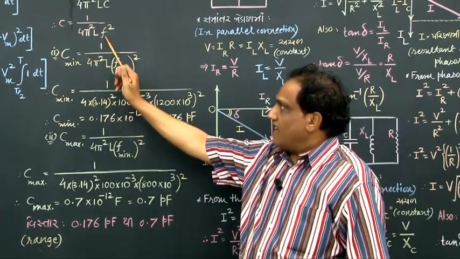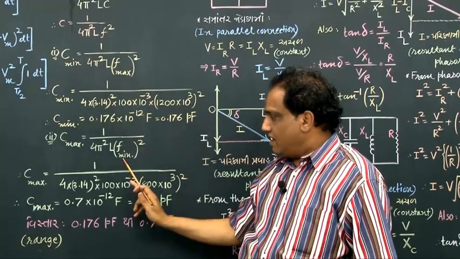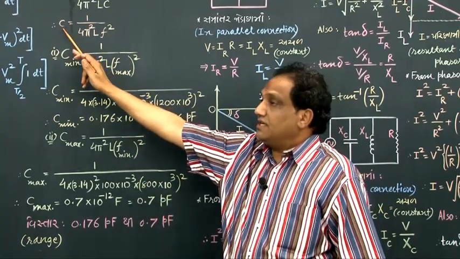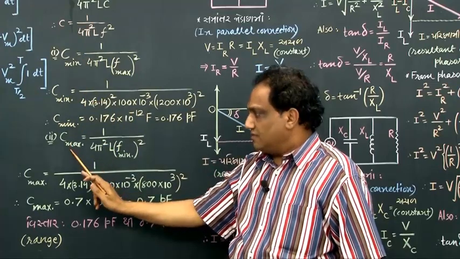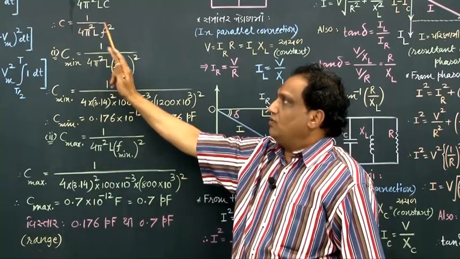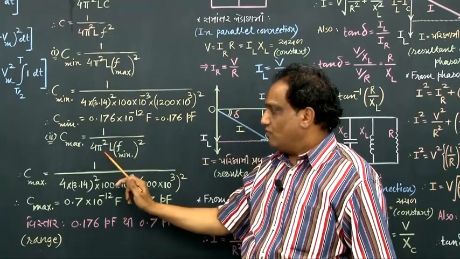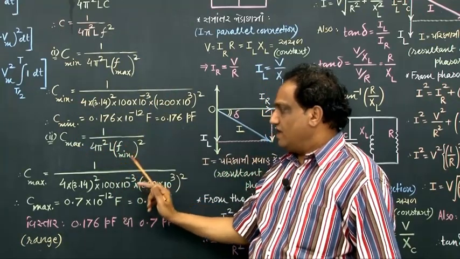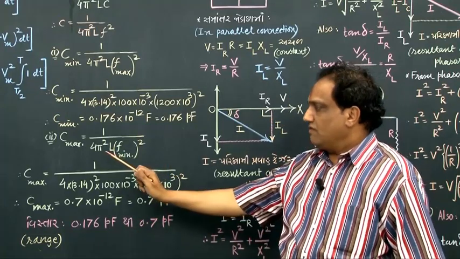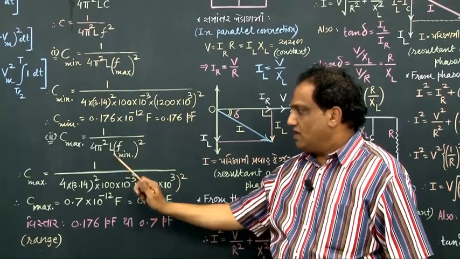Now tell me, instead of f, if I write f minimum, naturally instead of C I will get C maximum. When you write the minimum value here, naturally this value will be maximum. C maximum equals 1 upon 4 pi square into L into f minimum square. Dictate me the values. Pi value is 3.14.